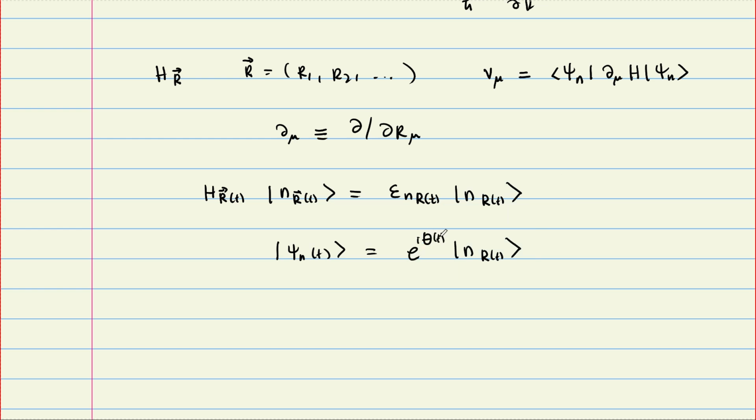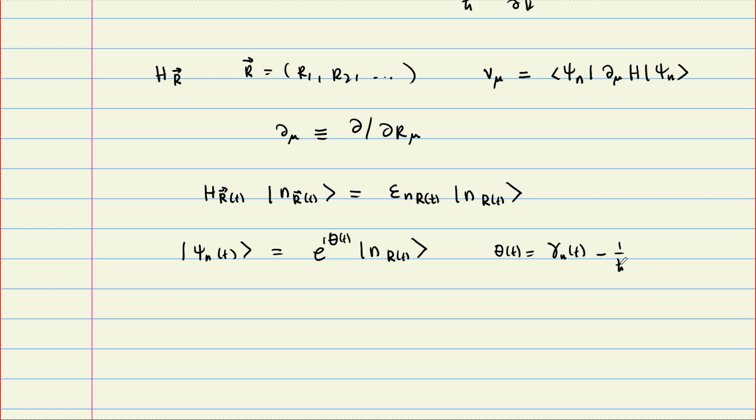Some theta of t. And this phase had 2 contributions. Theta of t was equal to gamma_n of t, which was the geometrical phase, and the second one is 1 over h bar integral from 0 to t dt' of E_n(R(t')). And this one is the usual Schrödinger phase, the dynamical phase.